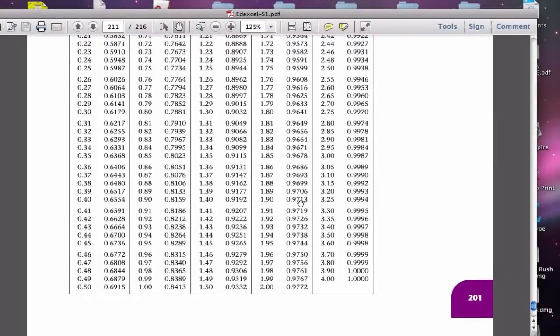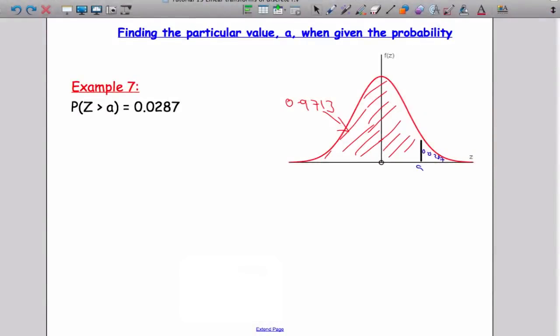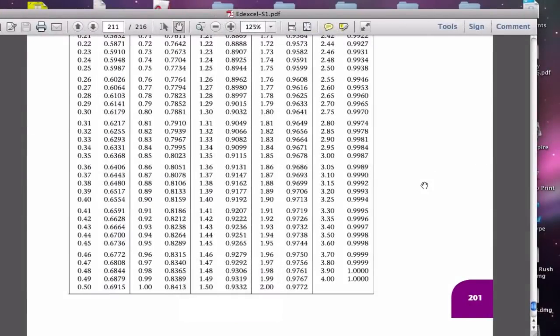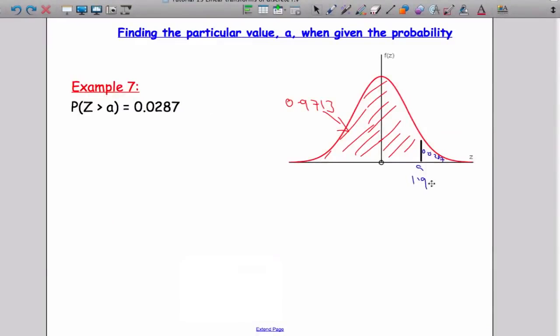There it is, 0.9713. The value must be 1.9. So A must have a value of 1.9, because the probability that Z is less than 1.90 is equal to 0.9713.